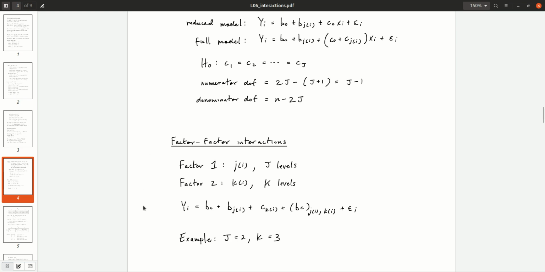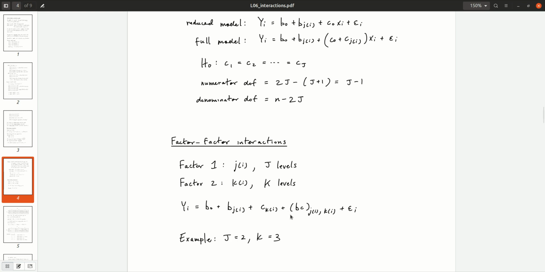And we write out the model in the following form. y_i is b0 plus b_j(i) plus c_k(i) plus "bc"_j(i)k(i) plus epsilon_i. And again, I should write out the assumptions for epsilon_i, which is normal(0, sigma squared), independent. Now this notation may look a little strange.